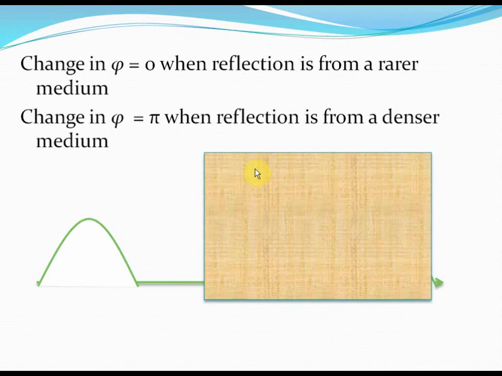The actual reason is slightly complicated. We'll try to understand the basic essence of this reason. So you can see this wave here coming towards the right and slowly interacting with the rarer medium. This is what will happen.